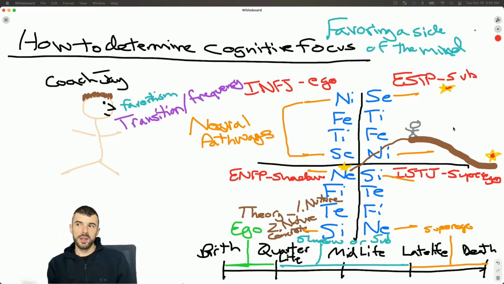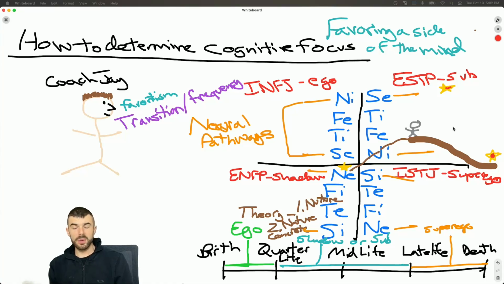And that can be really difficult and interesting too, if you think about it. The point is that I see a pattern. There is a pattern. I just don't know for sure. And that's ultimately what's happening here. So, but favoring a side of the mind is inevitable.